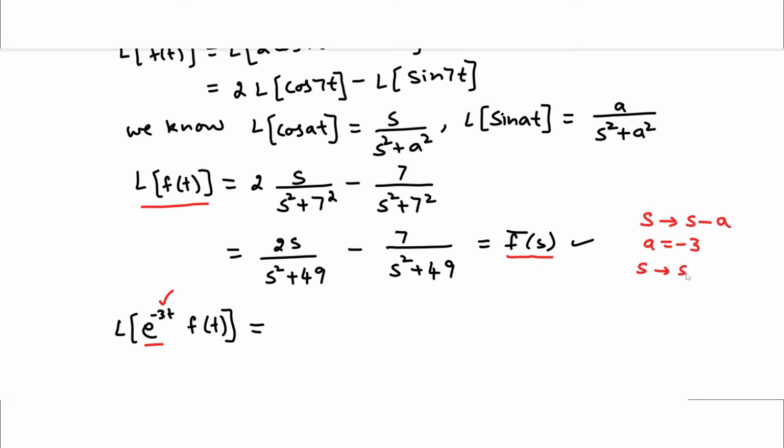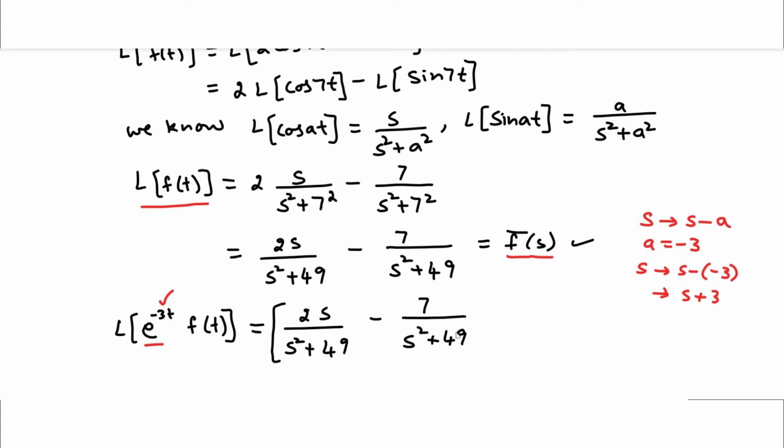So s will be shifted to s minus of minus 3, which becomes s plus 3. So now this expression will be 2s by s square plus 49, whereas the second term will be 7 by s square plus 49, with s replaced by s plus 3.